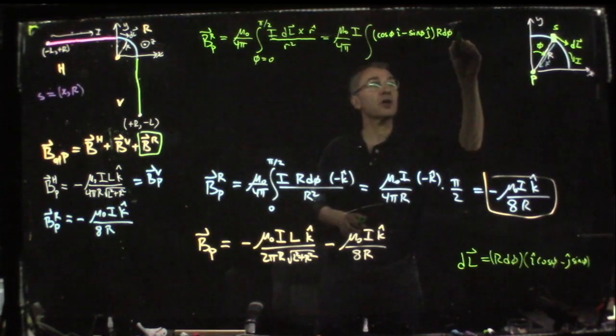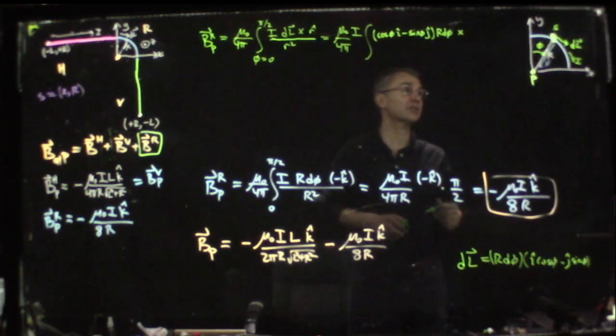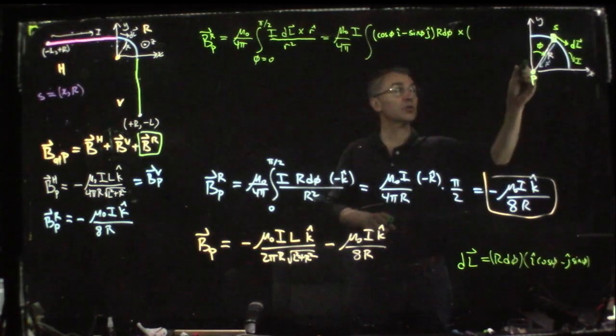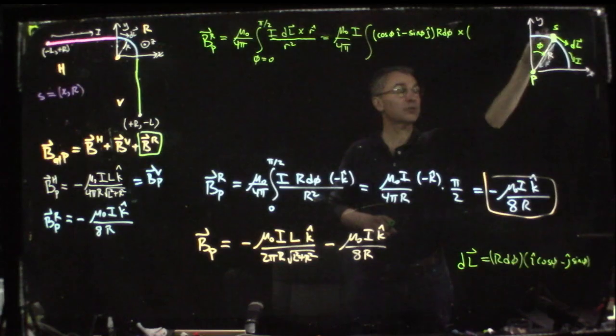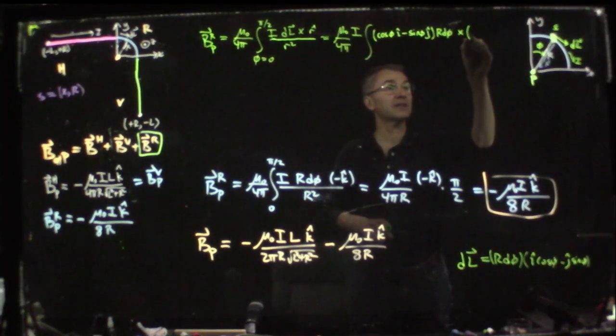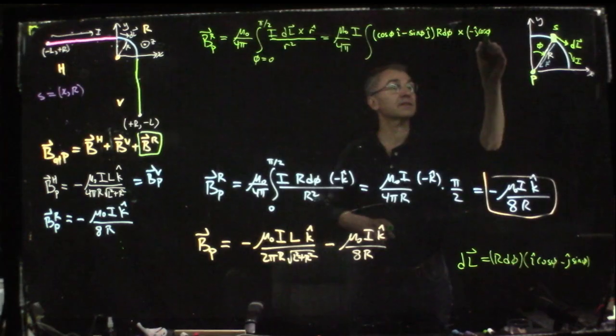Okay, now cross product with r hat. That's the radial direction. So if phi were 0, the radial inward direction would be minus j hat. So that's minus j hat cos phi.